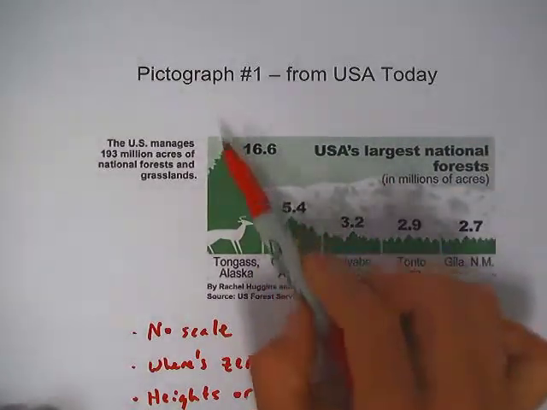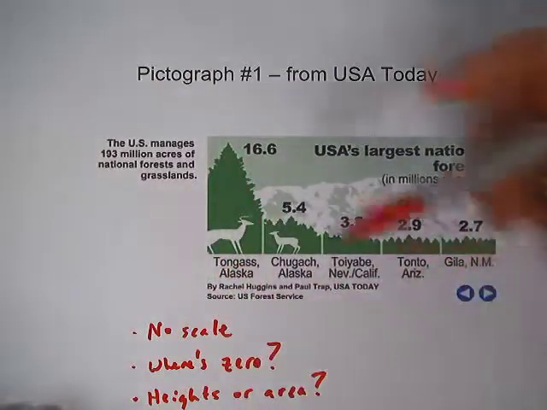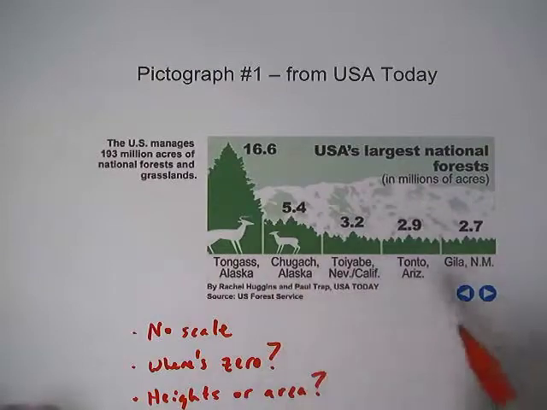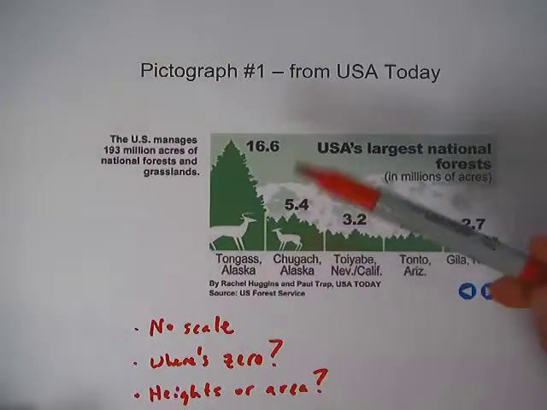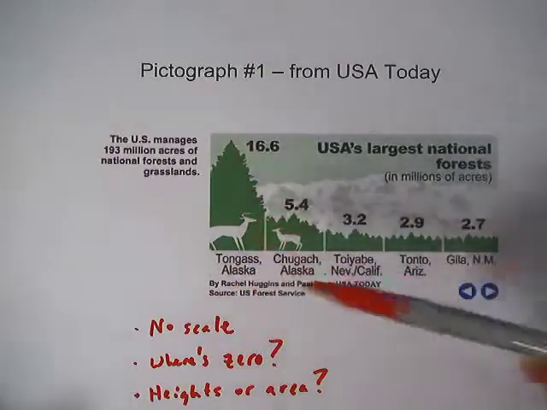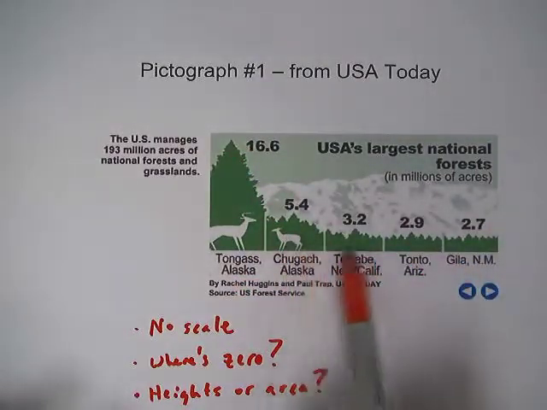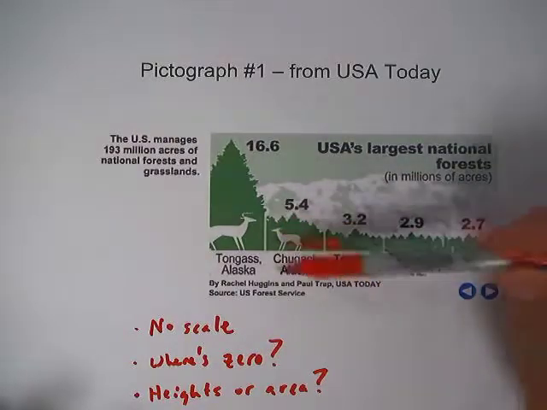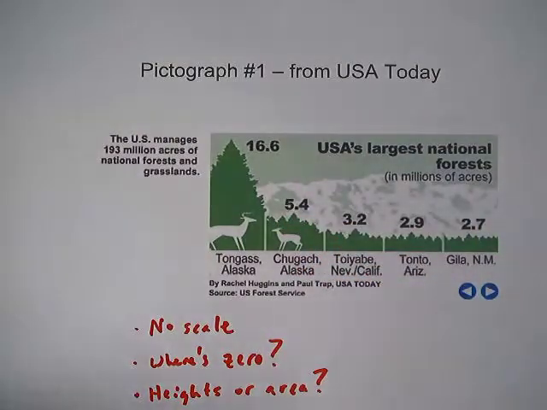This one really goes to a point, so it's losing a lot of area. So are we measuring the heights of the trees, or the areas here? Those are just a couple things that might be a little misleading. Obviously, we can tell that this is certainly the biggest, but there's not as much of a difference between these two. But again, are we measuring the heights or the areas? So that's just one example there.